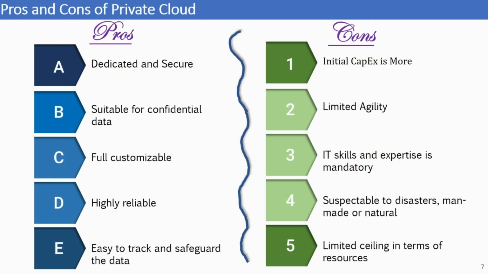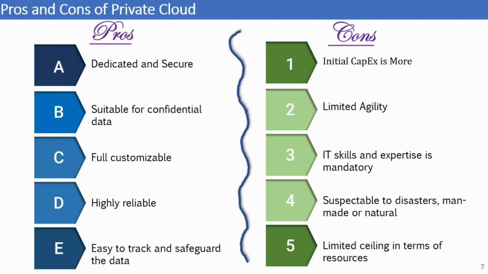Now let's see the pros and cons of private cloud. Number one, on the left side, if you look at that, it is dedicated and secure. That means the entire cloud resources including network, switches, firewall, servers, data store, etc. are in a closed network and protected by firewall or right authentication controls.